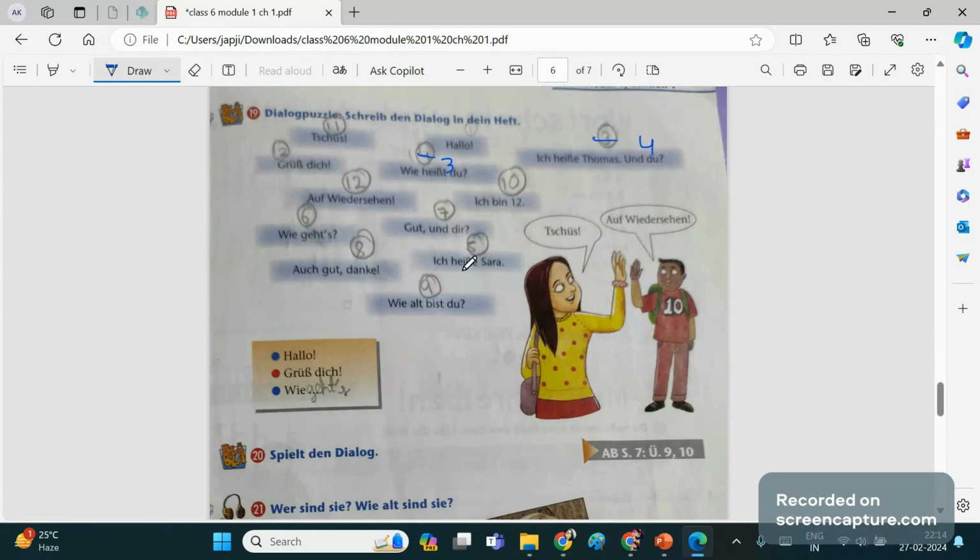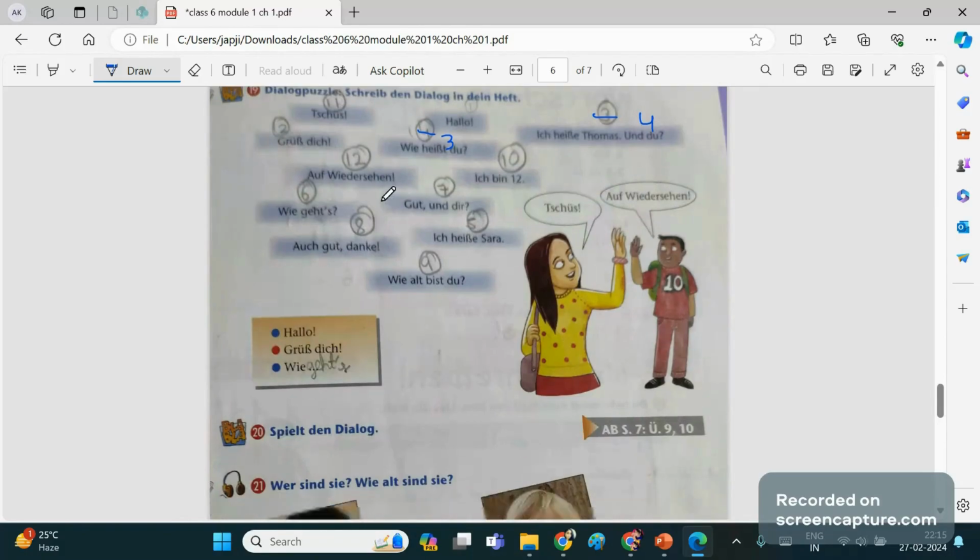That makes sense. "Ich heiße Sarah. Wie geht es dir?" See, "wie geht es dir" is also written as "wie geht's", but both ways are acceptable. Better you write it as "wie geht es dir". Okay, yes. And the fifth one is, yeah, sixth one we were doing, "Gut, und dir?" "Auch gut, danke. Wie alt bist du?" "Ich bin 12." "Tschüss, auf Wiedersehen."